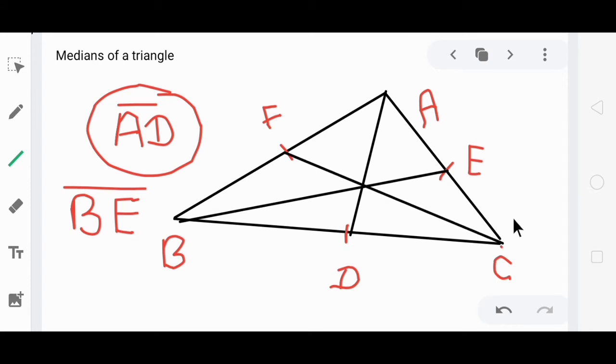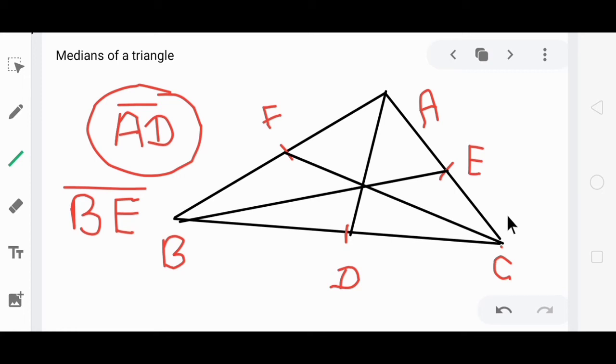So we can see in a triangle we have three different medians. So our conclusion is, in a triangle there are three different medians. And what is a median? A median is formed in a triangle when the midpoint of a side is joined by a line segment to the opposite vertex.